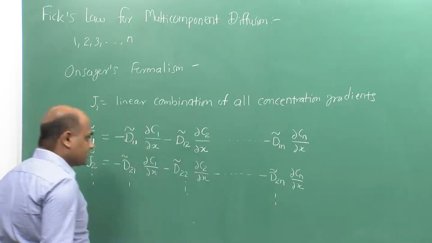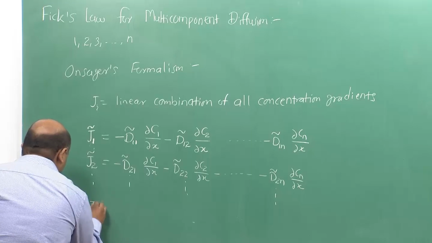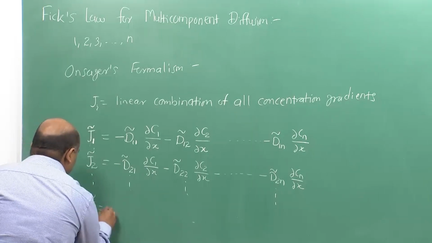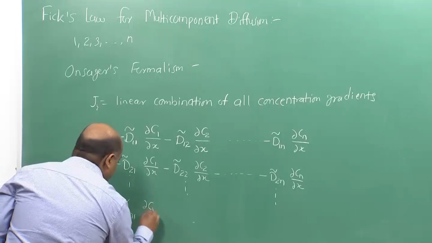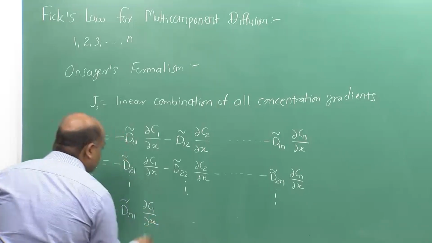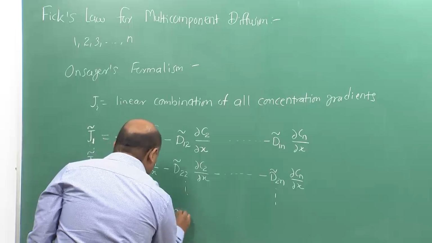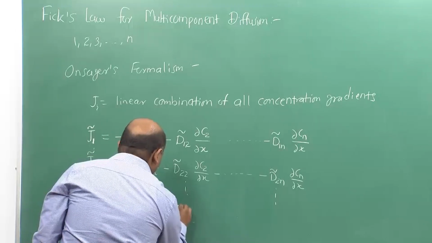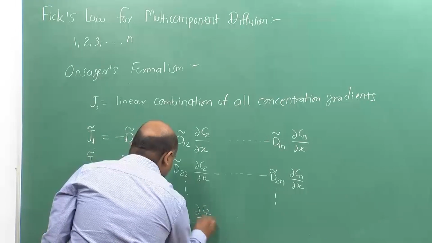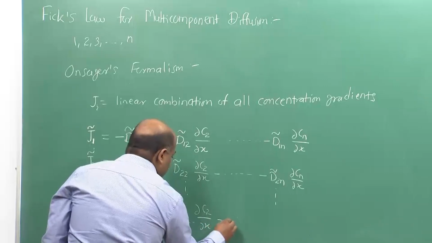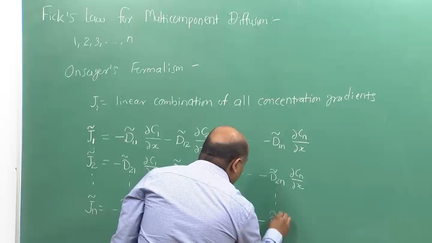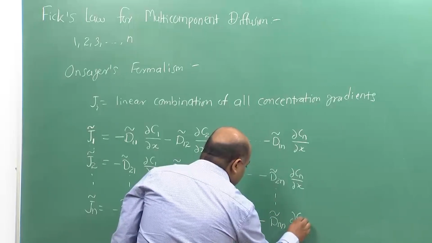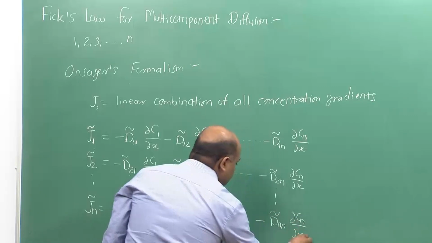And we have n such flux equations. So, Jn tilde would be minus dn1 tilde dou C1 by dou x minus dn2 tilde dou C2 by dou x, till minus dnn tilde dou Cn by dou x.